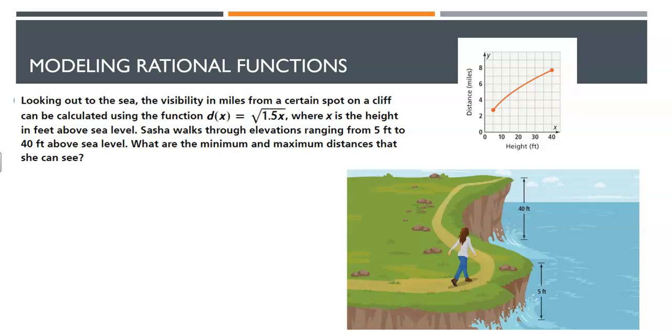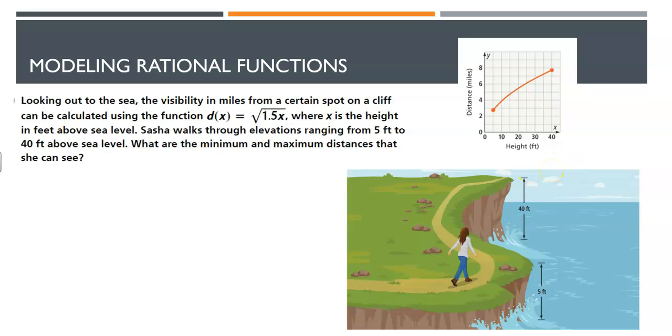Here's an application problem. I thought this was kind of interesting: if you're on the seashore, closer to sea level, right here where the water comes up, and as you go higher and higher up the cliff, you can see farther and farther away.